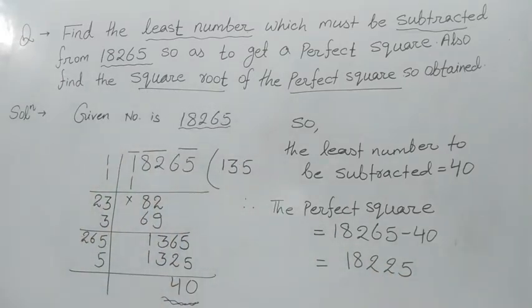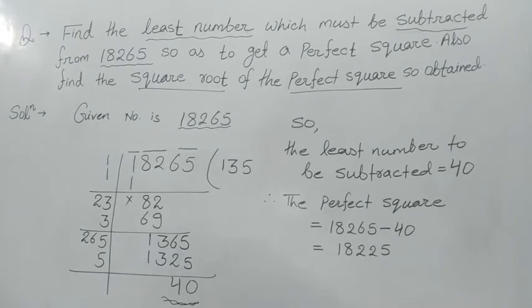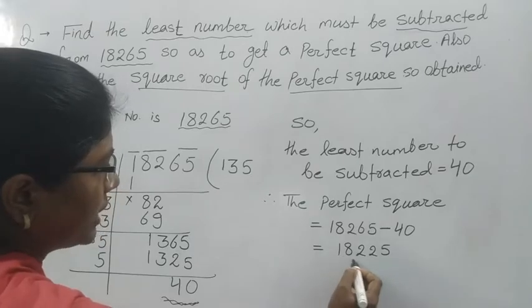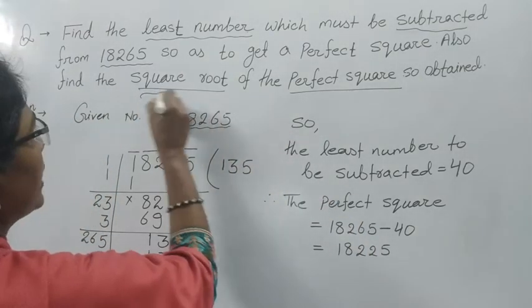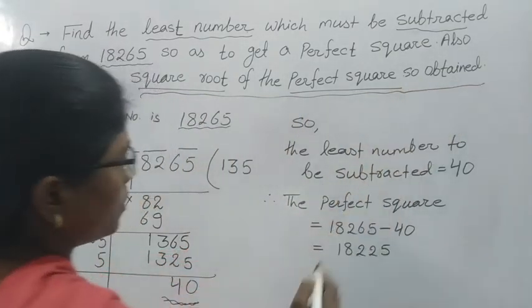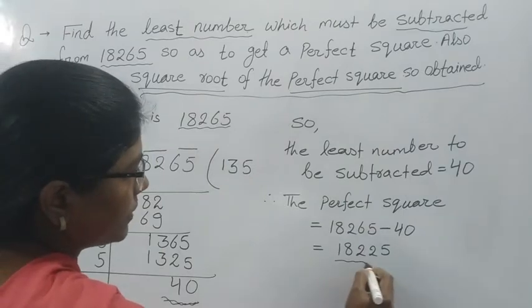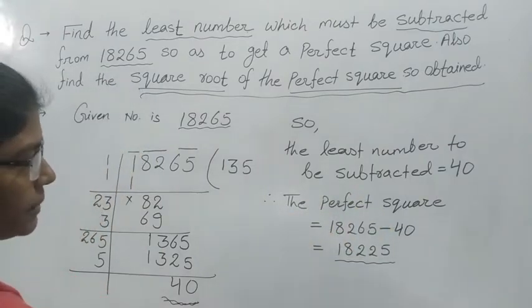That means it is a perfect square number. Now we want to find the square root of this number. So how do we write the square root of this number? Since we want to find the square root of the perfect square number so obtained, the perfect square so obtained is this number.